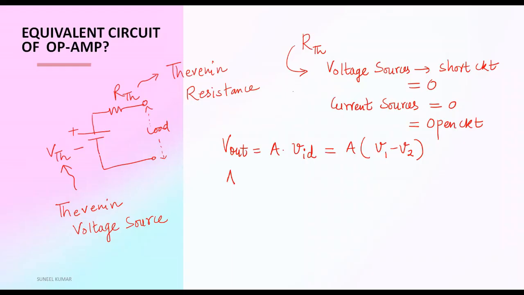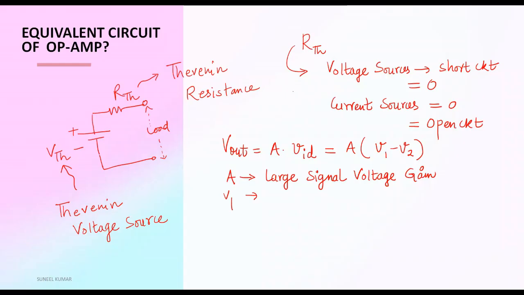So what is A? A is the gain, that can be written as large signal voltage gain. And what is V1?